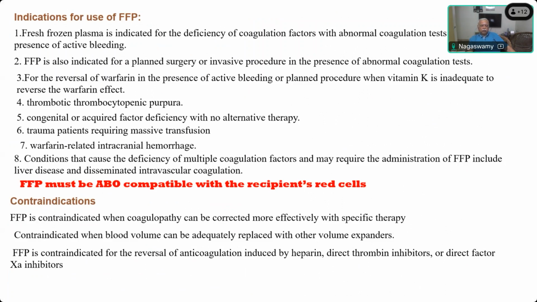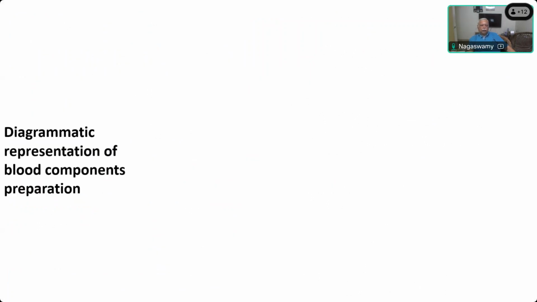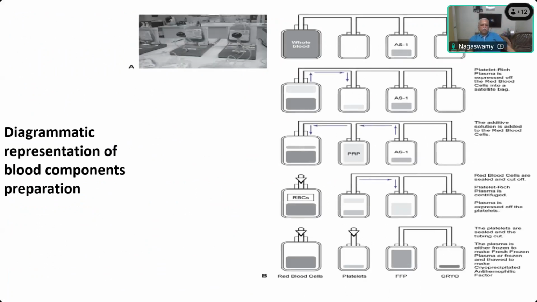So FFP is not the drug of choice for reversing the anticoagulation effect of these drugs. There are specific reversal agents. Heparin, of course, you have protamine, and for other drugs also you have drugs to prevent the anticoagulation effect.